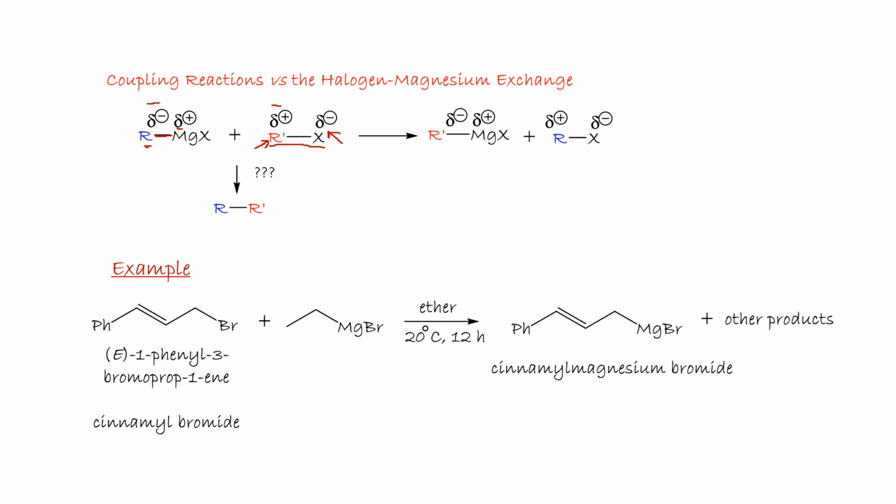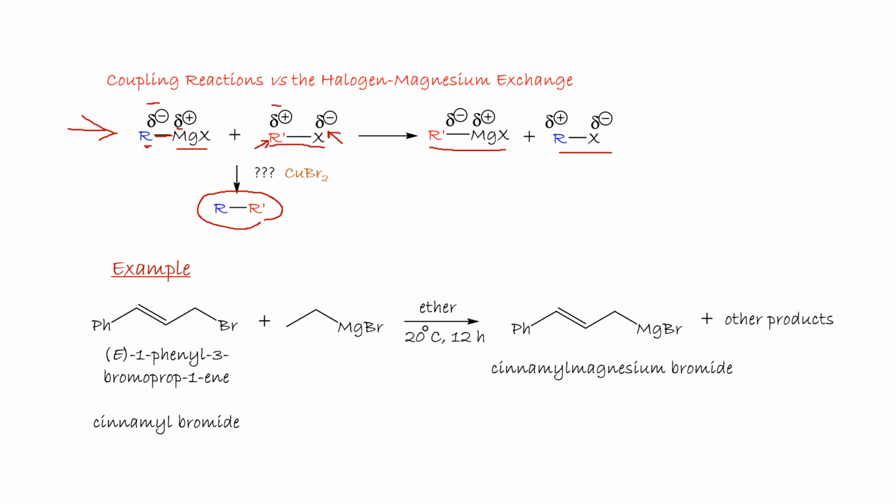And we need a copper catalyst to do this reaction, okay? But what actually happens in this case is that you get exchange. The R' will take MgX and R will take X, so we have R'MgX and RX.